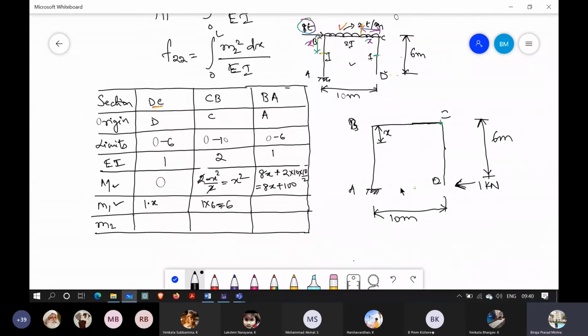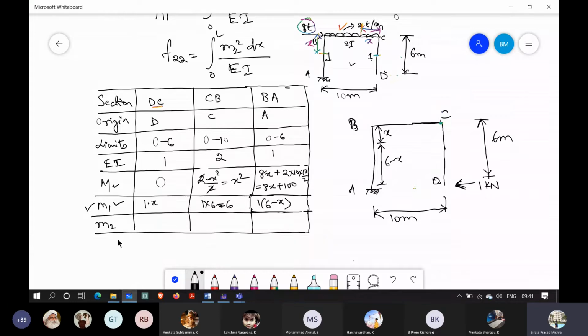The moment contribution will be again 1 into 6 minus X. So it is 1 into 6 minus X. Now this M1 is over.